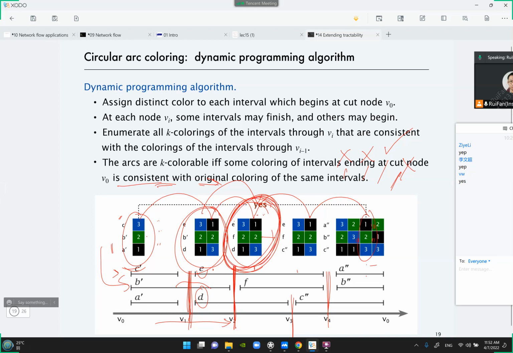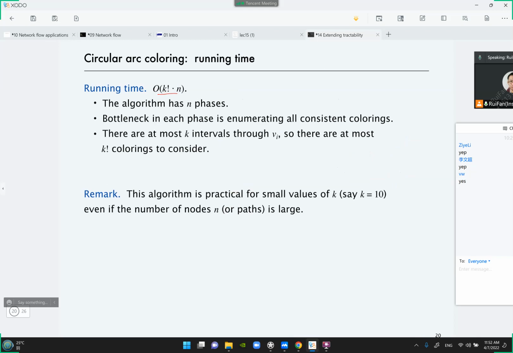Then we have to consider the compatibility between all of these colorings. There are n nodes, and at each one of them we have to consider k factorial colorings. And so in total, the running time is something like k factorial times n.